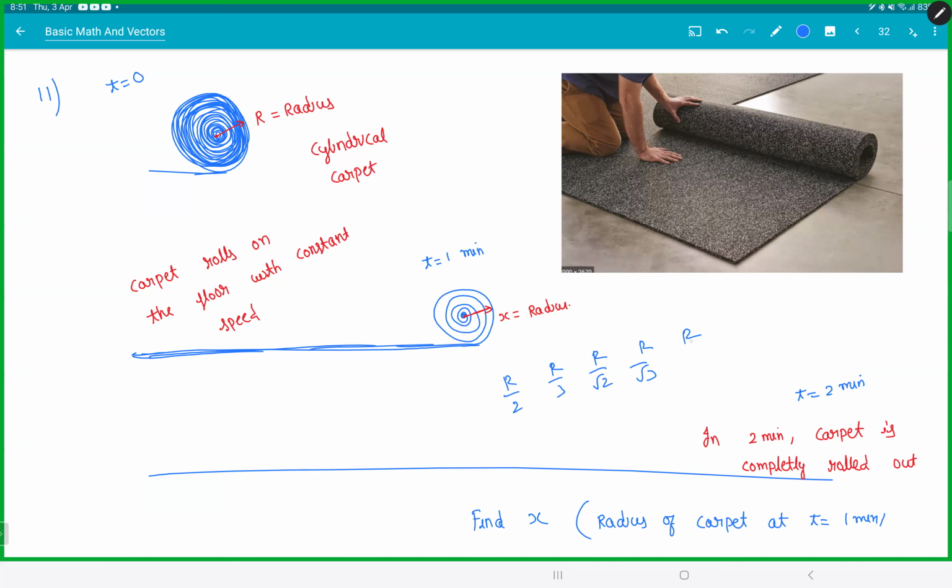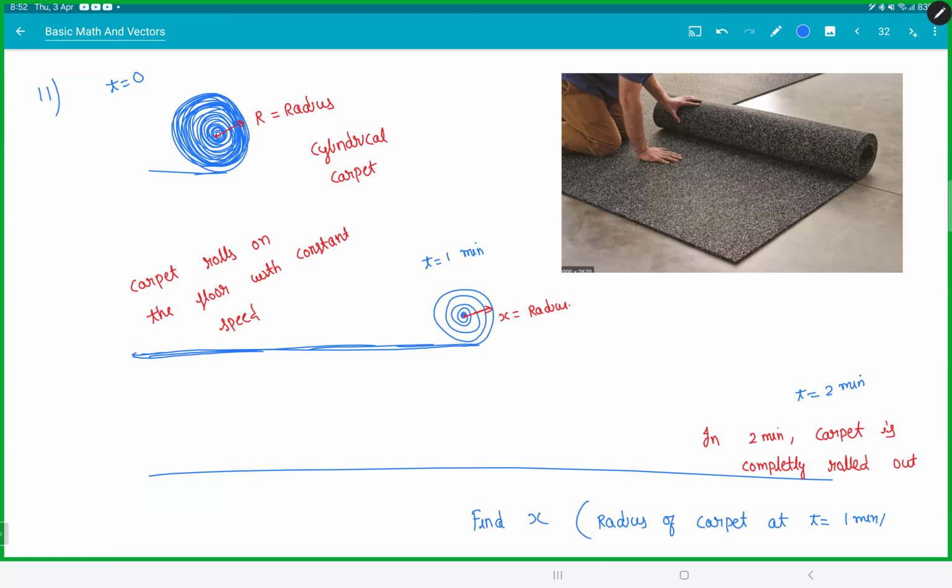Options will be like this. R by 4, R by 5, something like this. So the answer will come in terms of R. How do we approach this? Devanshi, that's not the answer. Right, Shaunak? How do we approach this?